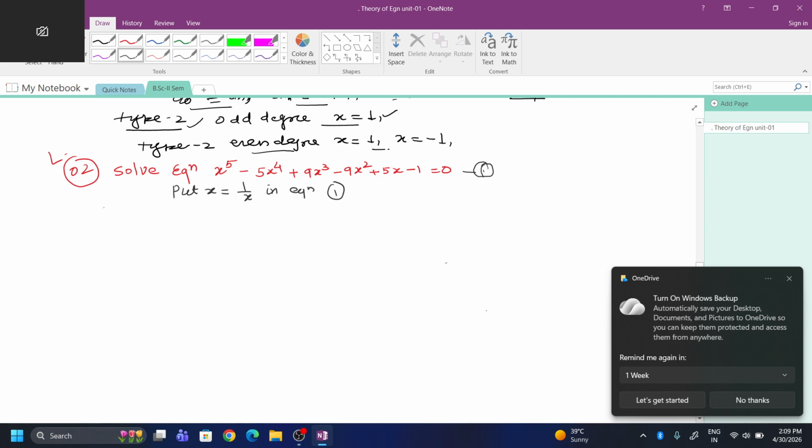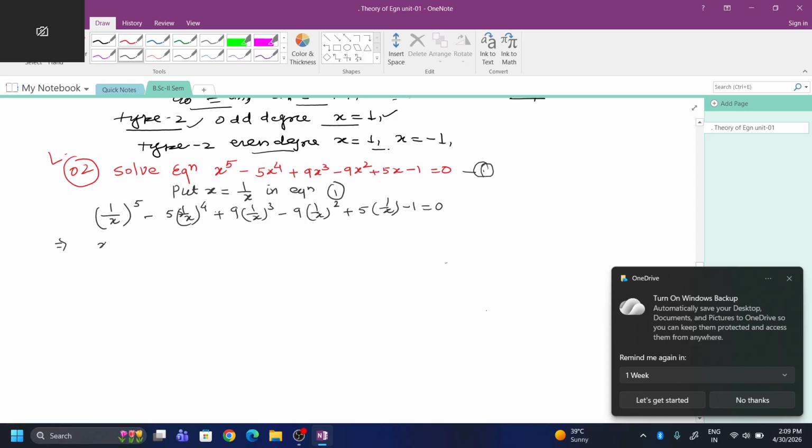So our equation number 1 can be written as 1 upon x to the power 5 minus 5 times x to the power 4 plus 9 times 1 upon x cube minus 9 times 1 upon x square plus 5 times 1 by x minus 1 equal to 0. Now after simplification, what does it imply?